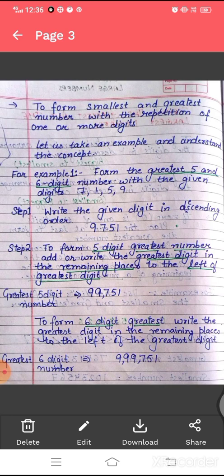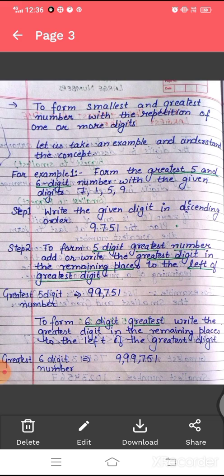So the largest digit is 9, then 7, 5, 1. Step 2 to form the 5 digit greatest number is to write the greatest digit in the remaining places to the left of the greatest digit.